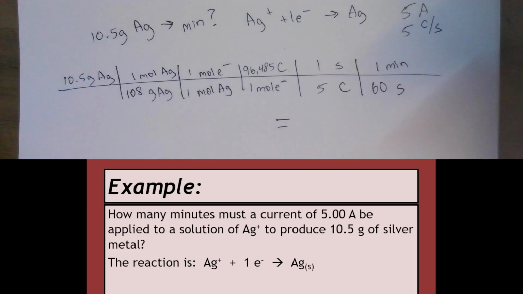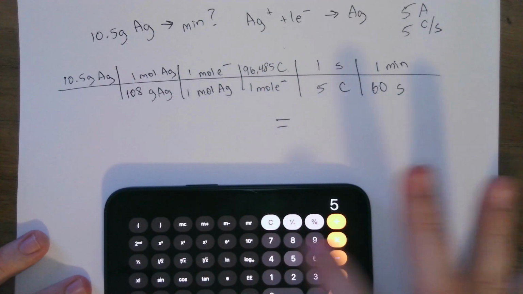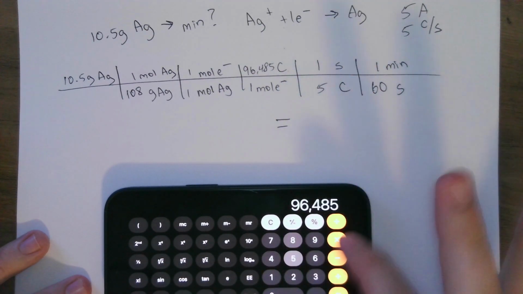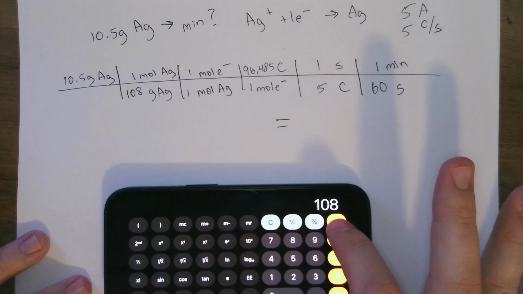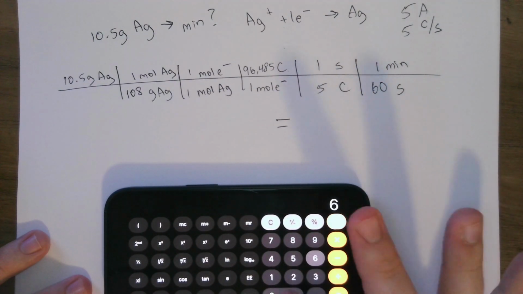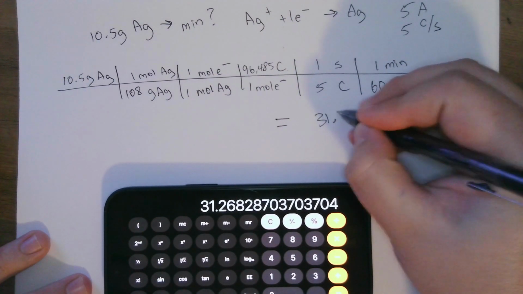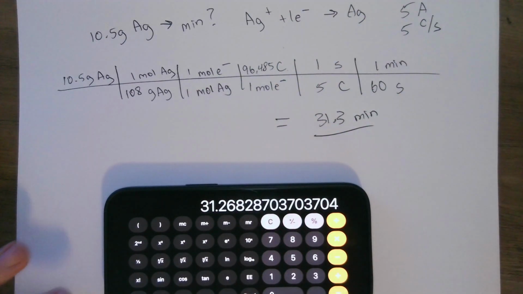All right, let's solve this now. 10.5 times 96,485. Those are all 1, so I don't care. Divide by 108, divide by 5, divide by 60. And it's 31.3 minutes, which makes sense. That sounds about right. And that's our stoichiometry problem.